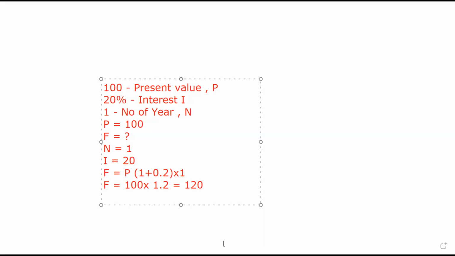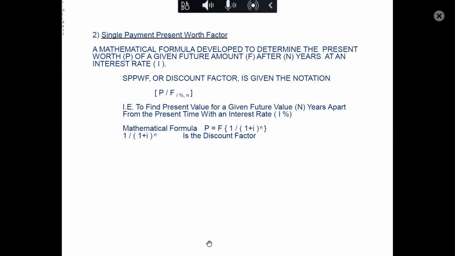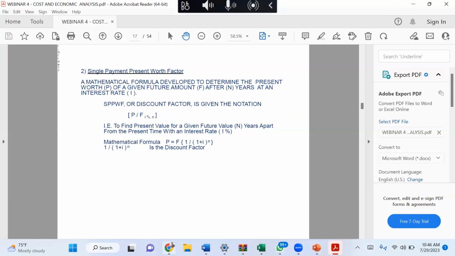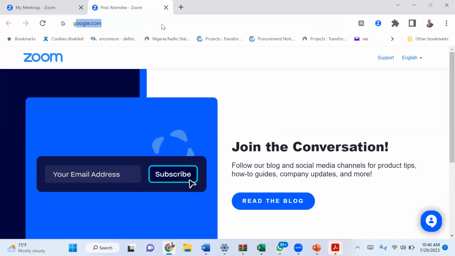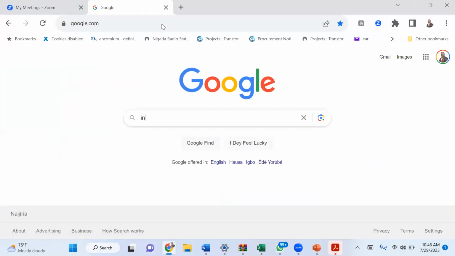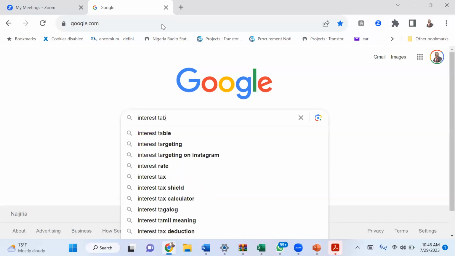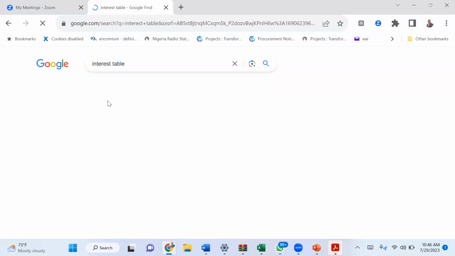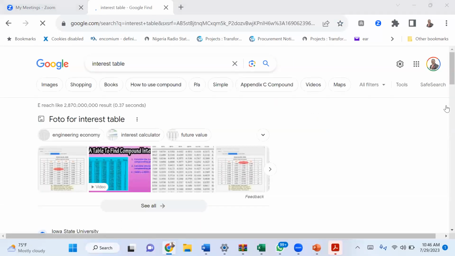Now, interest tables are everywhere, gentlemen. You can go online and see a million of them. Just go to Google and type interest table, and you see different interest tables.